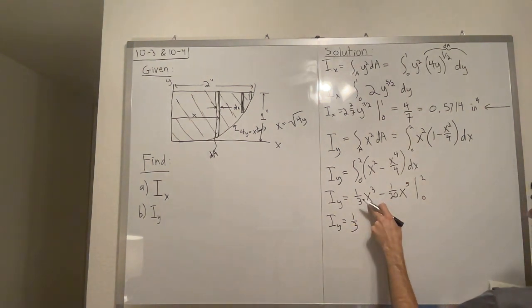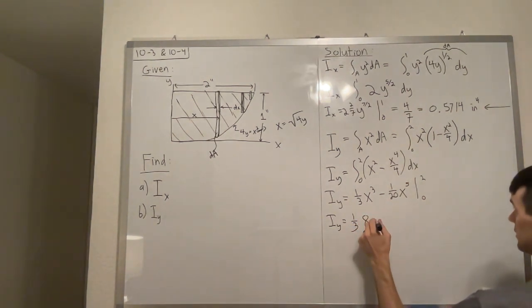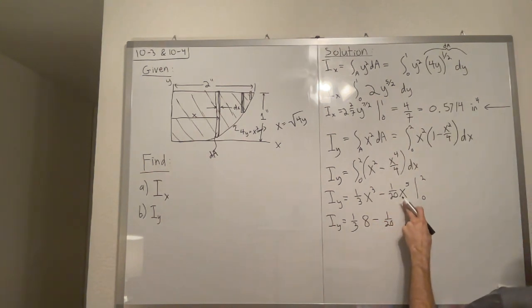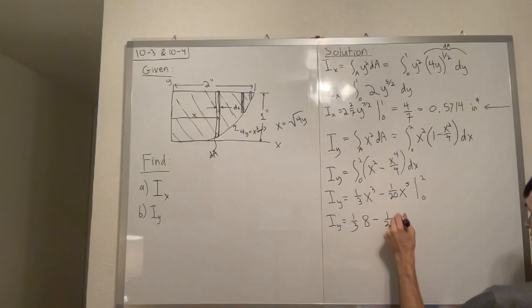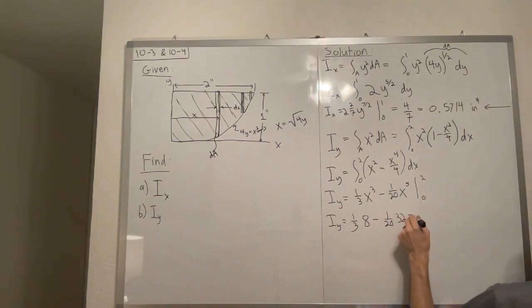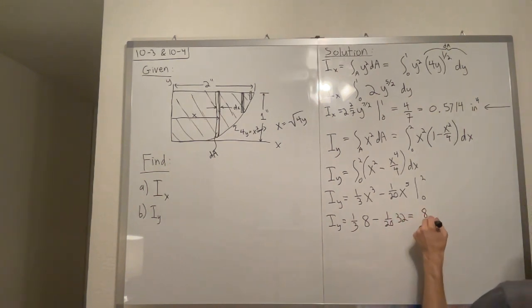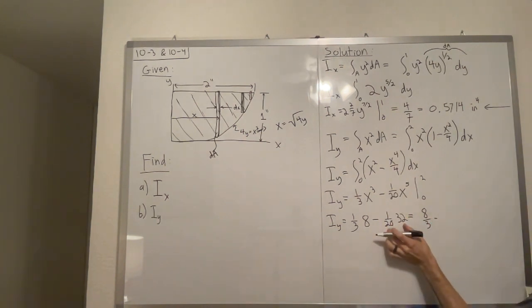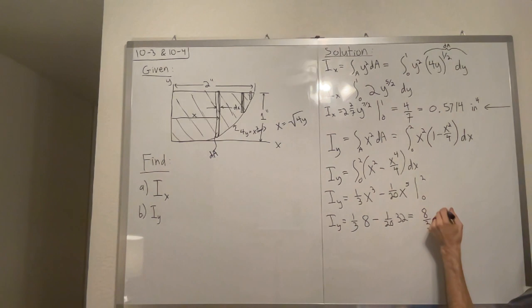So 2 cubed is 8, minus 1/20th times 2 to the 5th, which is 32. So I get 8/3 minus, and if we simplify 32 over 20, that's 8/5.